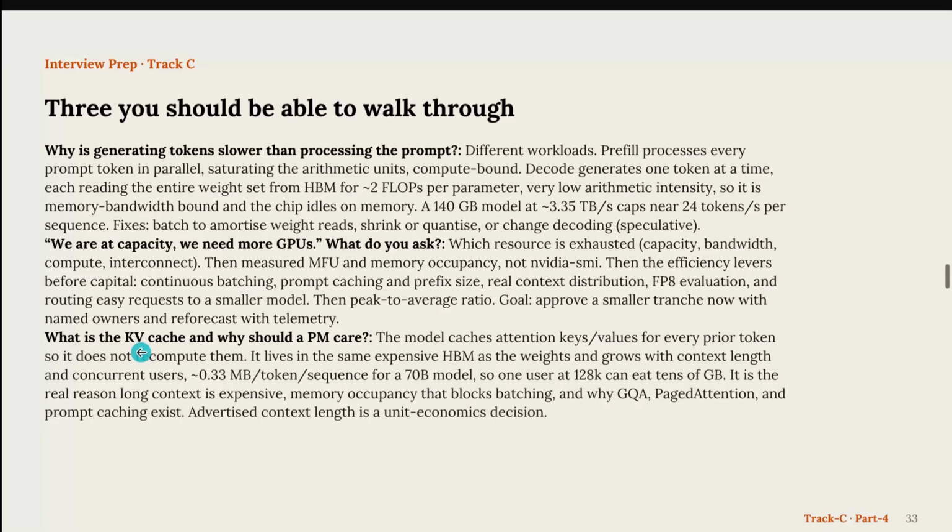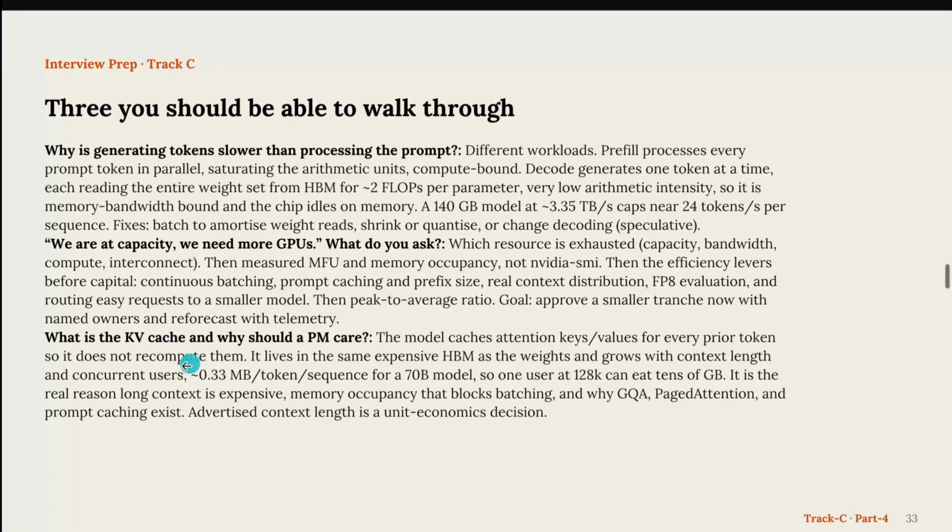What is KV cache and why should a PM care? We know that when a model tries to generate tokens, it needs to look at all the previous tokens. Looking at previous tokens and regenerating them every time costs much. So all the previously generated tokens are stored in a cache memory, the key value cache, so that it does not recompute them.